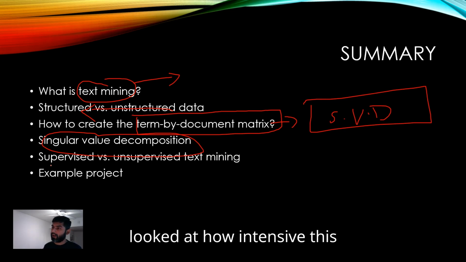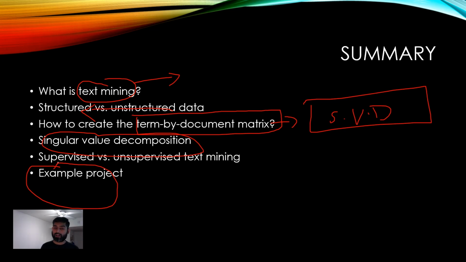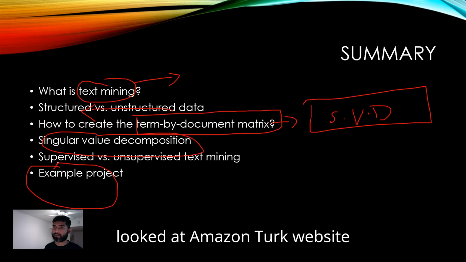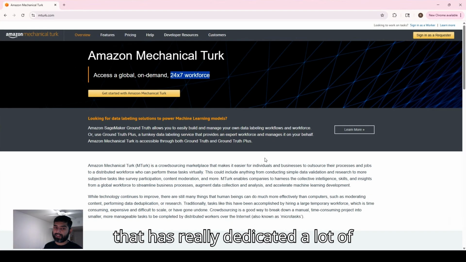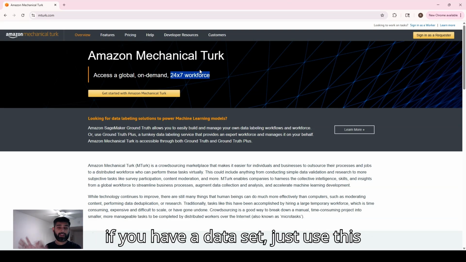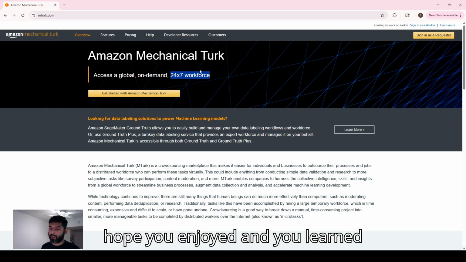And we looked at how intensive this labeling process sometimes can be, using a VA project example. We also looked at the Amazon Turk website that has dedicated a lot of resources. Even for you, if you have a data set, you could just use this website to label your data set.